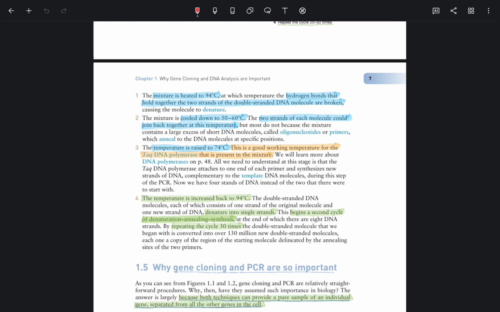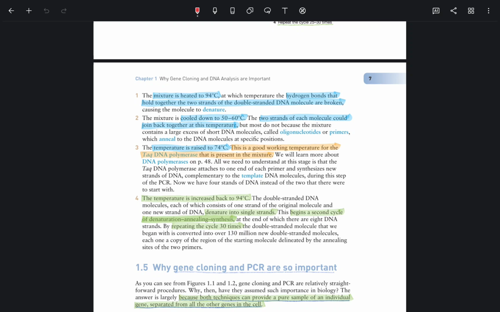The two strands of each molecule could join back together at this temperature, but most do not, because the mixture contains a large excess of short DNA molecules called oligonucleotides or primers, which anneal to the DNA molecule at specific positions. The temperature is raised to 74 degrees Celsius. This is a good working temperature for the Taq DNA polymerase that is present in the mixture.